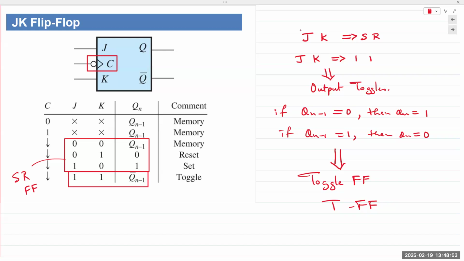You wire it to function as a toggle flip-flop in the output. All right, any questions?